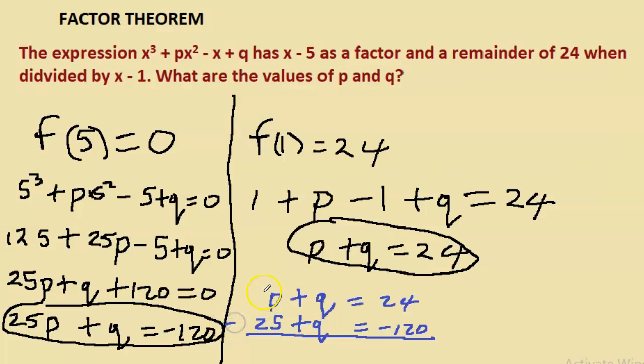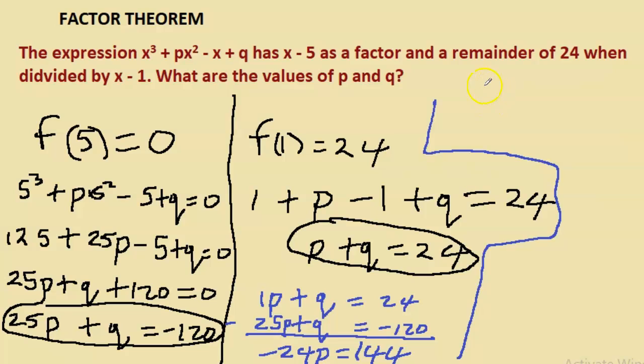So this is 1p, and this is 25p, so 1p minus 25p, that's negative 24p. Q take away q, that's 0. And this is 24 minus negative 120, so it's 24 plus 120, which is 144.